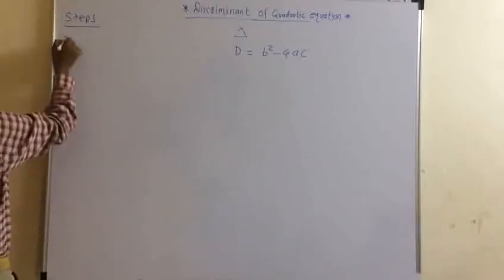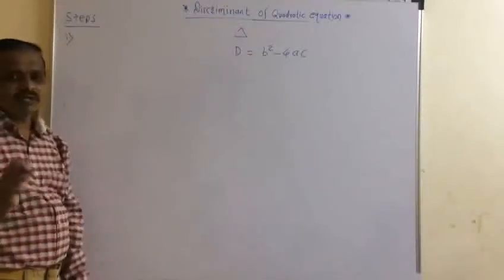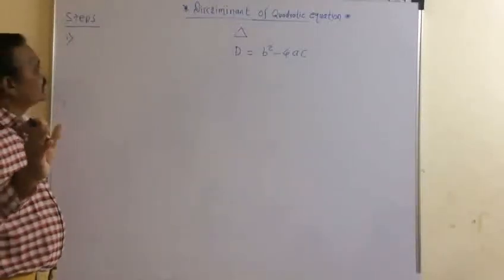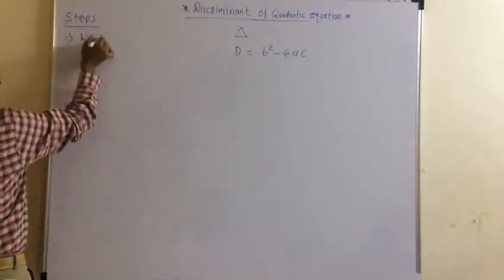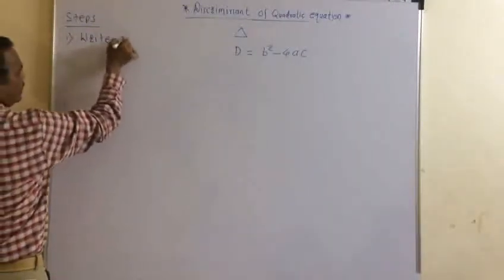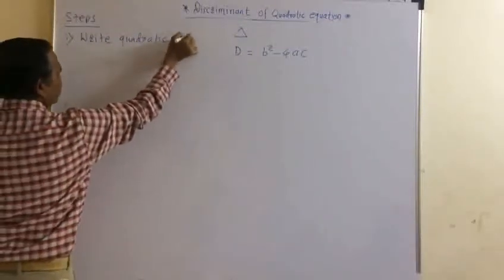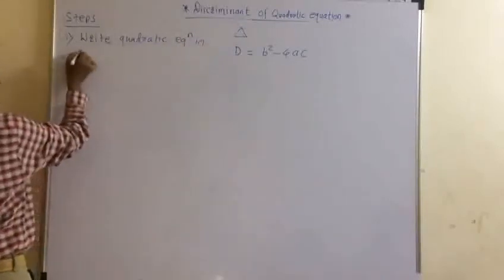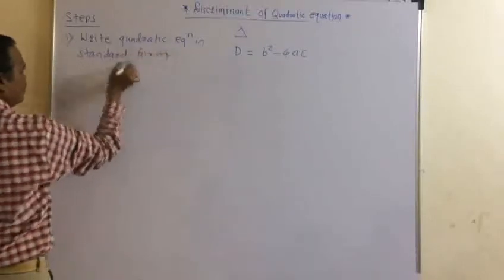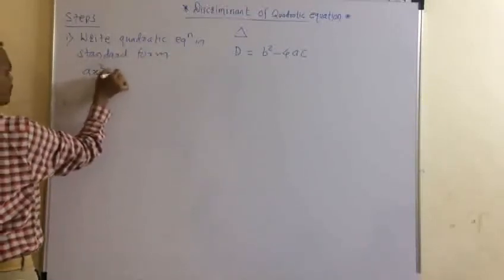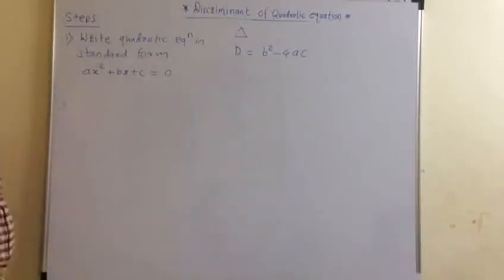First, you have to write the given quadratic equation in standard form as ax square plus bx plus c equals 0.